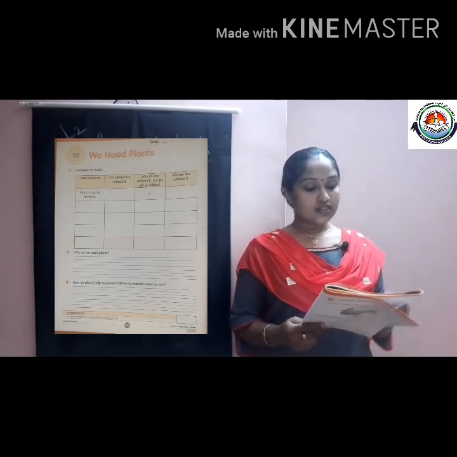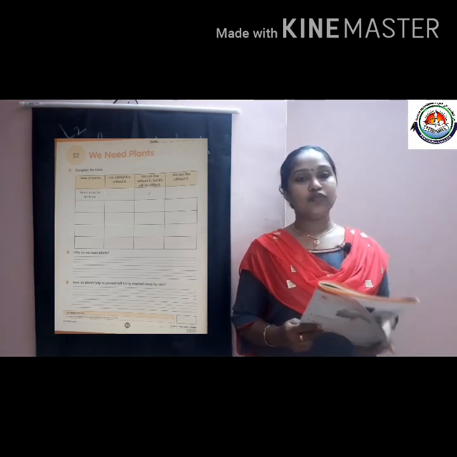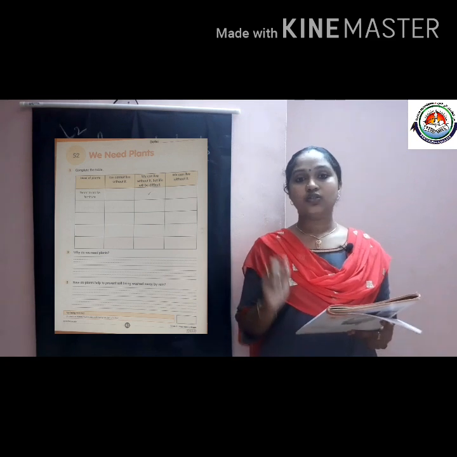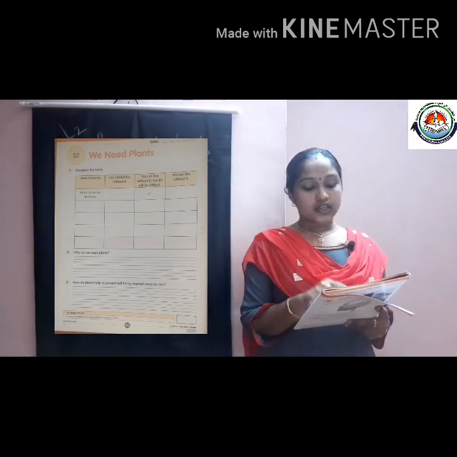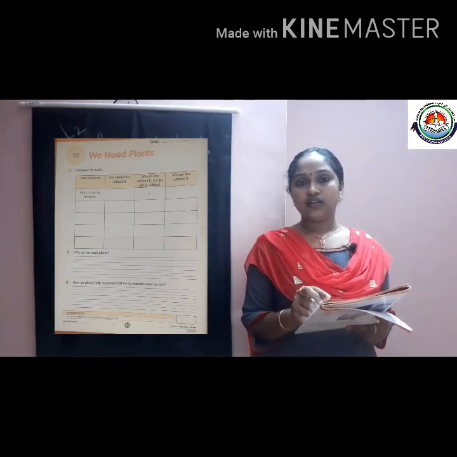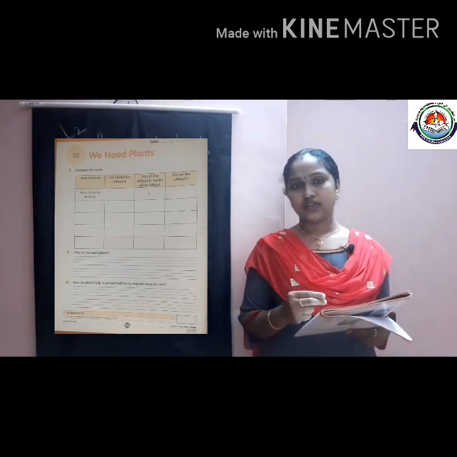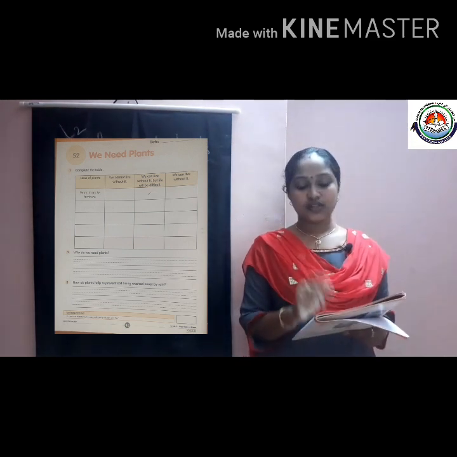One example is done already for you. What was the use written there? Wood to make furniture. Can we live without furniture? Yes, we can live without furniture. So, we didn't tick in the first column.